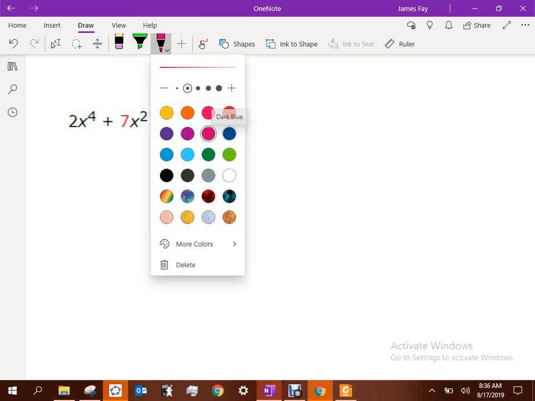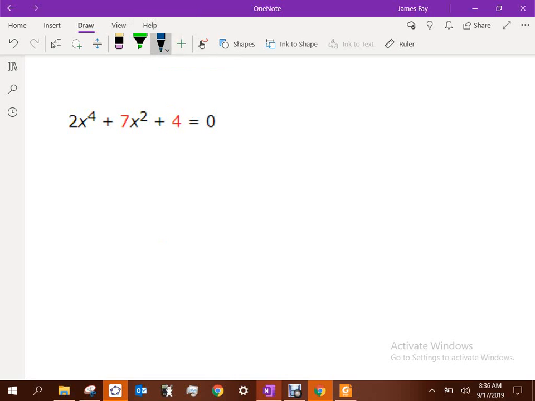I look at that and I think, okay, it's not a quadratic, but it is quadratic form. So I'm going to let u equal x squared, then u squared will end up being x to the fourth. I'm going to replace that, so I get 2u squared plus 7u plus 4.